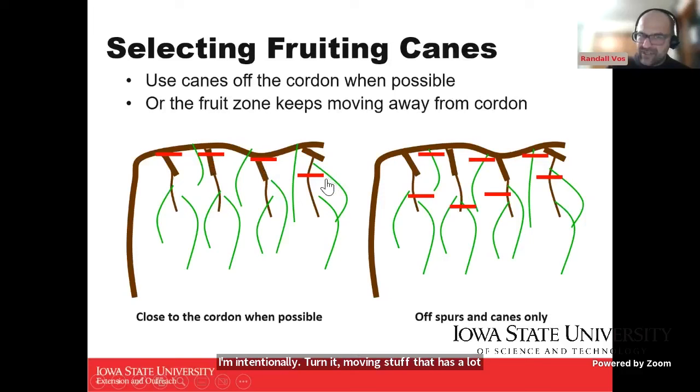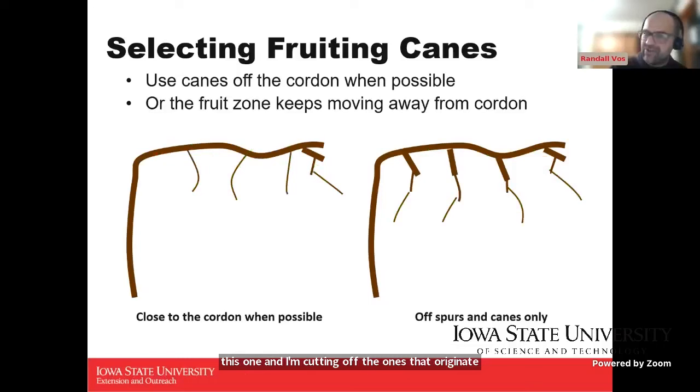So that's why these red cuts are here. And I'm intentionally leaving the ones that come close to the cordon. On the right-hand side, I'm doing the opposite. I am not intentionally keeping those; I'm leaving this one, this one, this one, and I'm cutting off the ones that originate near the cordon. And that's the opposite of what we want to do.